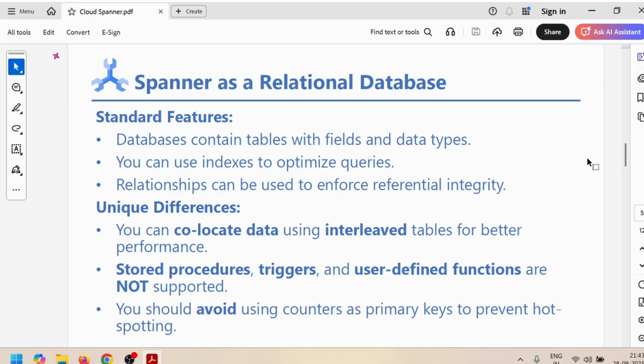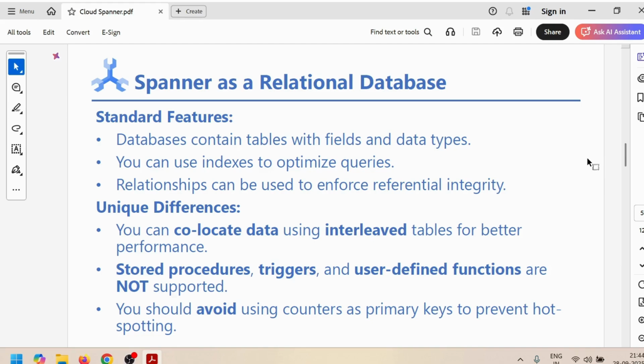So all these insert records will go to one node only. All the write concentration will go on one node and it will increase latency and reduce throughput. And this defeats the very purpose of Spanner's horizontal scalability, the very thing that it is built for.